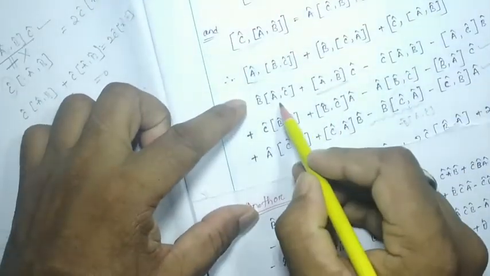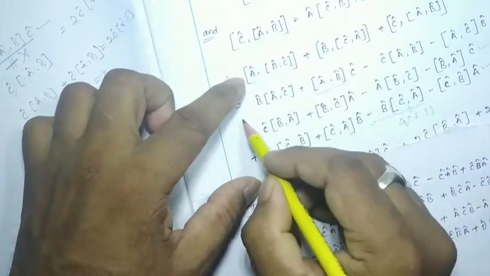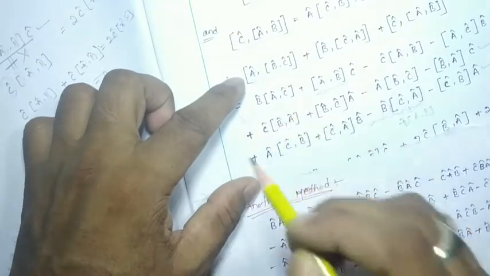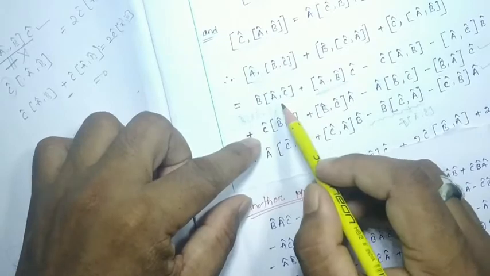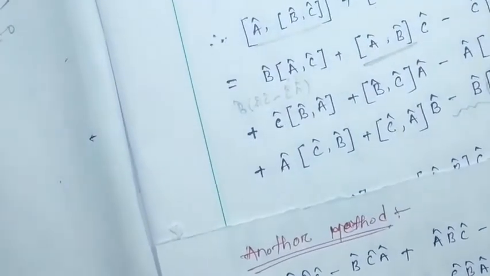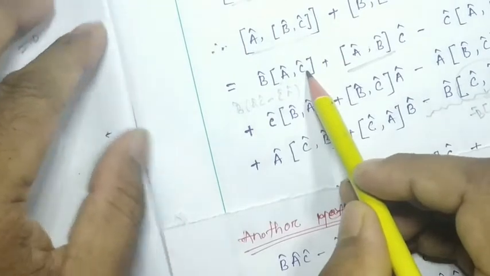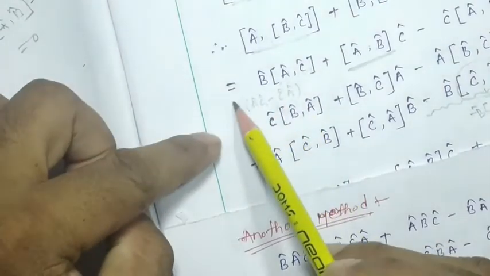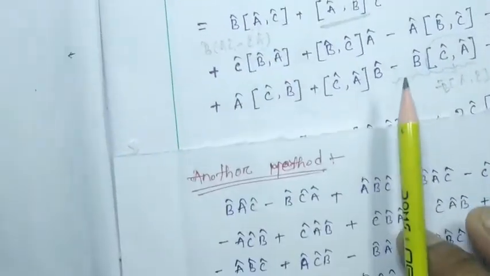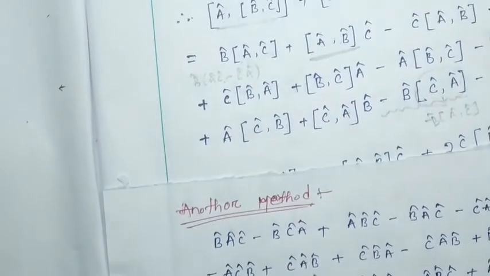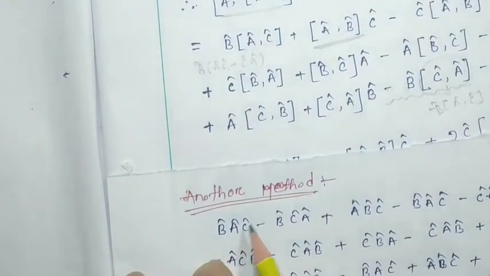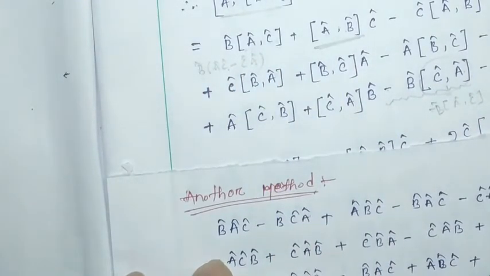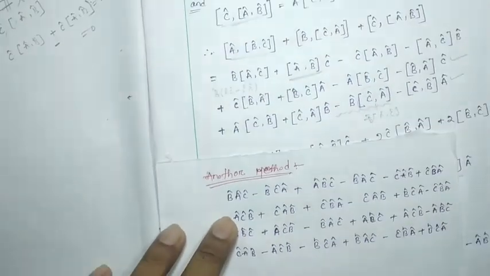See here, the AC commutation can be written as B̂ into ÂĈ minus ĈÂ. So when B̂ is multiplied over here, it will be B̂ÂĈ minus B̂ĈÂ, and so on. Similarly, all the terms we are going to write.